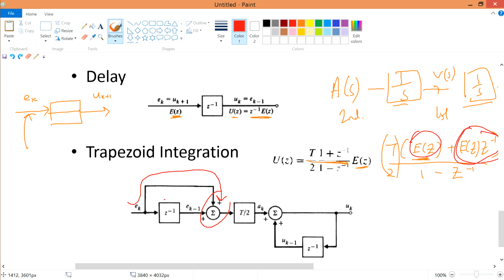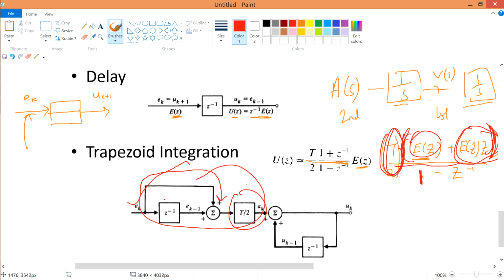Okay, they sum at this point, so therefore they are actually adding up each other. And then multiply with T over 2, which is over this side, and then divided by the feedback system, 1 minus z minus 1, because it's a plus sign, so we have a minus over here.